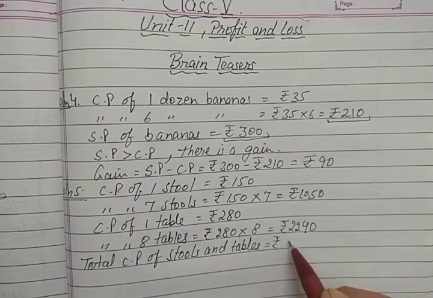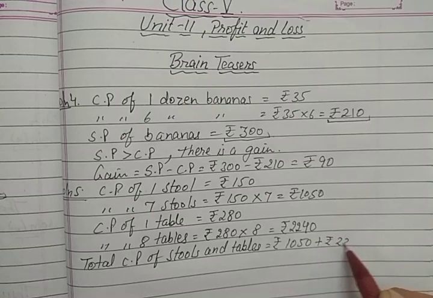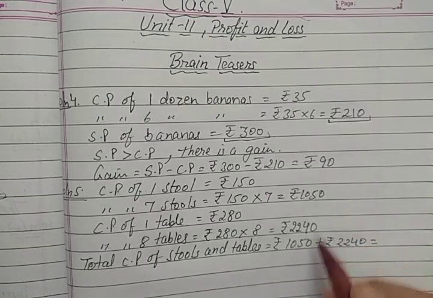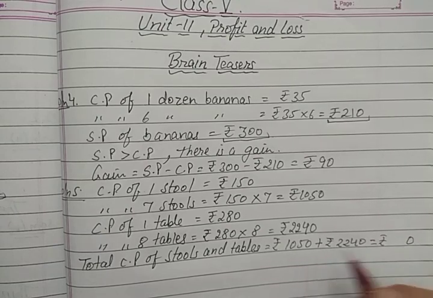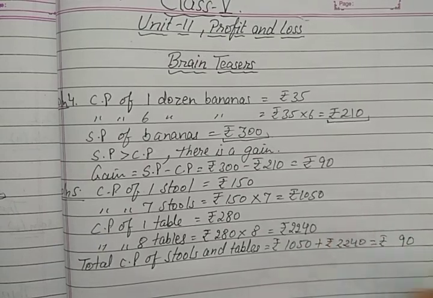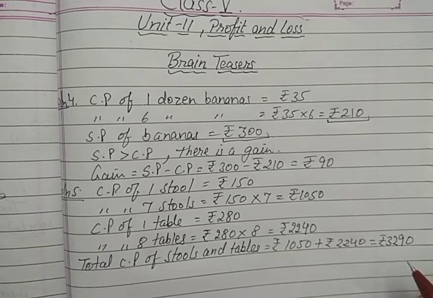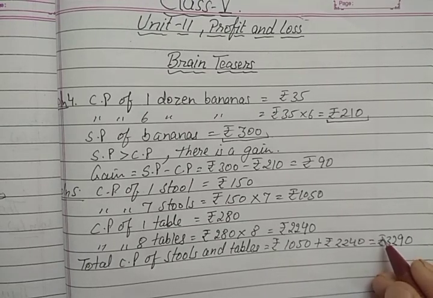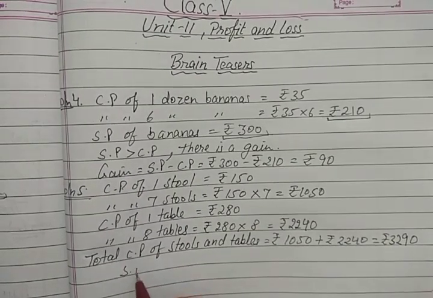So add them, 1050 plus rupees 2240, add them, that is 0, 5 plus 4 is 9, 2 plus 0 is 2, and 2 plus 1 is 3, 3290 rupees, right?